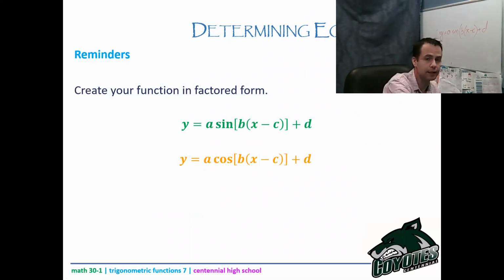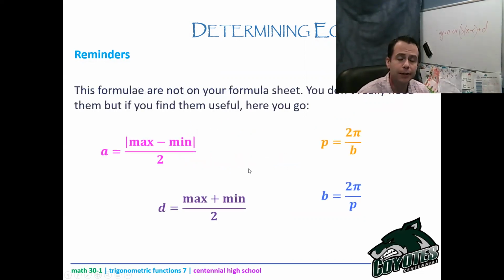As you do these things, you're always going to create your function in factored form. So just remember, like every other transformational equation we've done, you want to have that b value outside of another set of brackets where you have the x minus c. Okay, and that's the same for sine or cosine. Here are a couple formulas that you want to think about, if you're a formula-loving person.